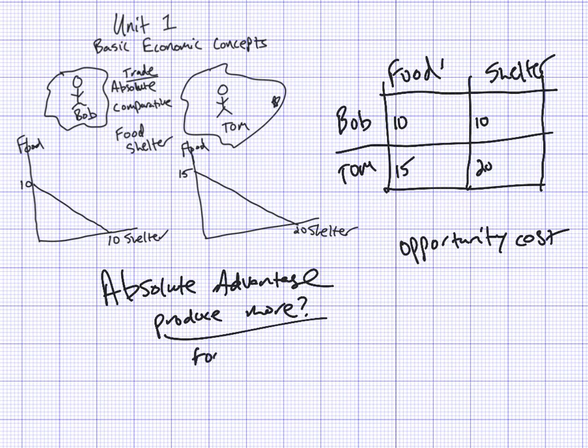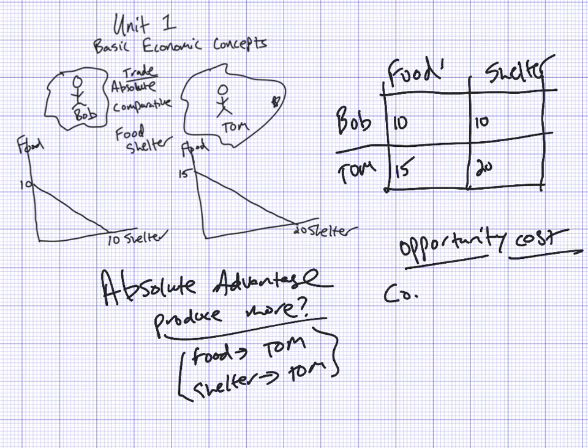So when it comes to food, the absolute advantage goes to Tom. When it comes to shelter, absolute advantage, Tom again. So most people look at absolute advantage and they say, well, Tom should produce food and shelter and he shouldn't trade with Bob because Tom can produce more of food and shelter, and so that's where we leave it. But the problem is we want to know what's the opportunity cost.